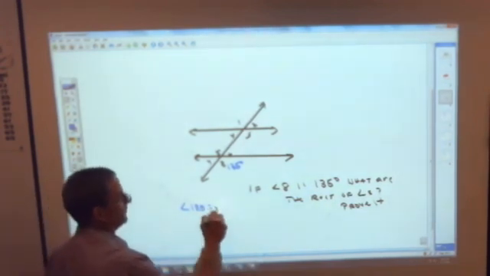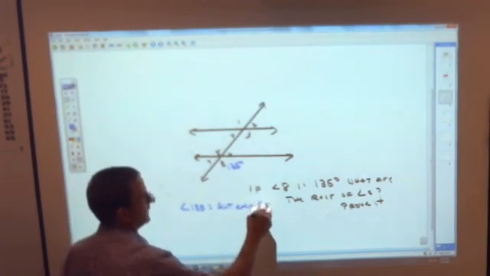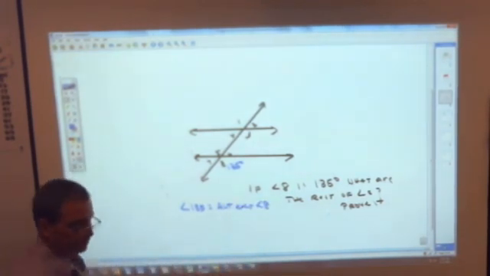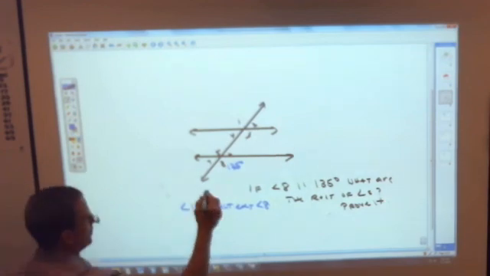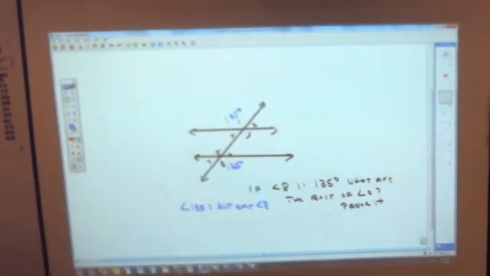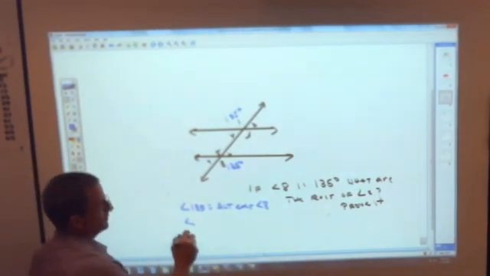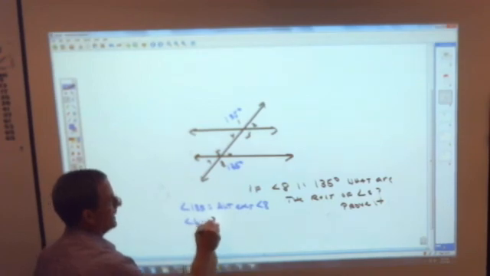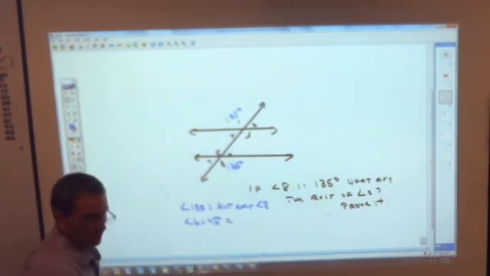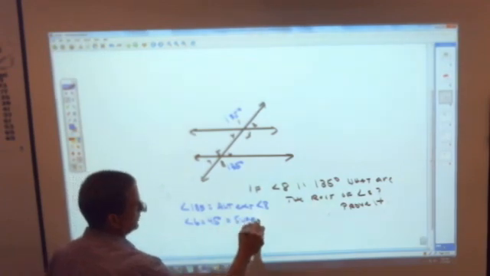You say it is 135 because it is an alternate exterior angle to angle 8. Very good. What else can I know? So I know that angle 1 is 135 degrees. Somebody, give me another one. Sam: I know that angle 6 is 45 degrees because it is supplementary to angle 8.